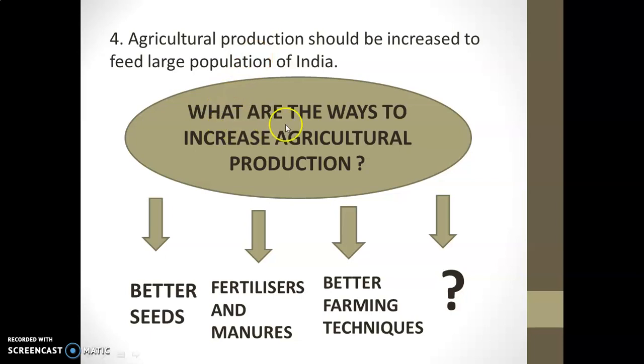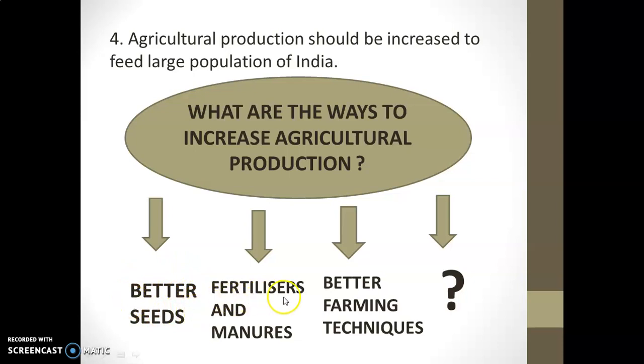So what are the different ways to increase agricultural production? We have different ways to increase our agricultural production if we want to feed the large population of India. The very first way is better seeds. Yes, better seeds, HYV, high yielding variety seeds, are required to increase agricultural production.